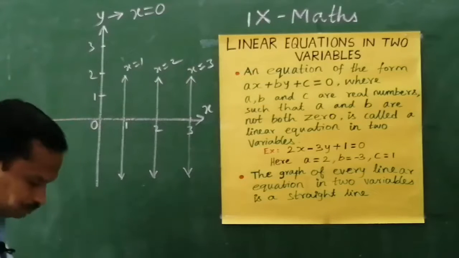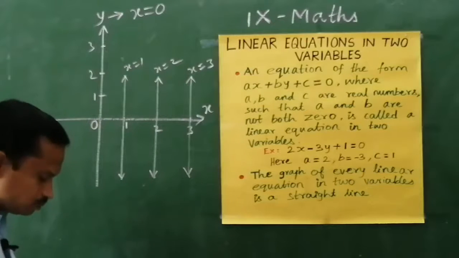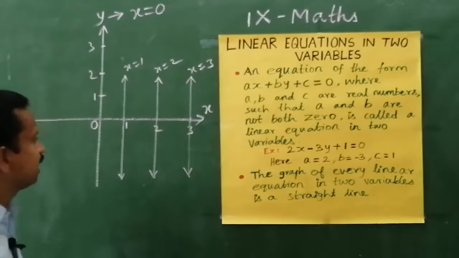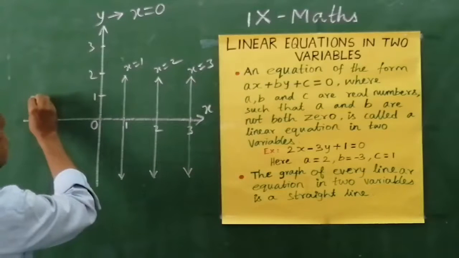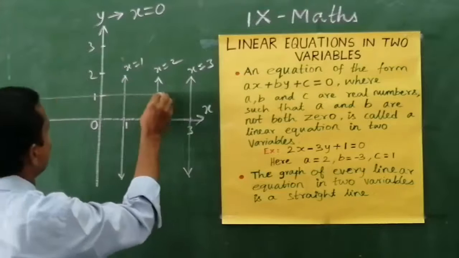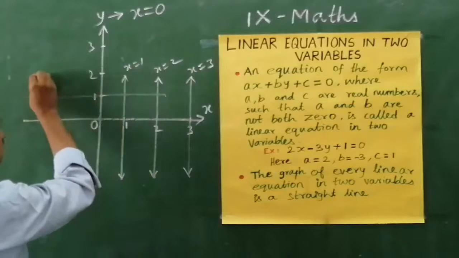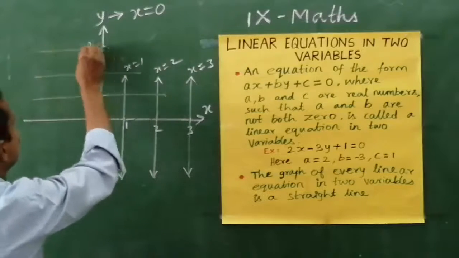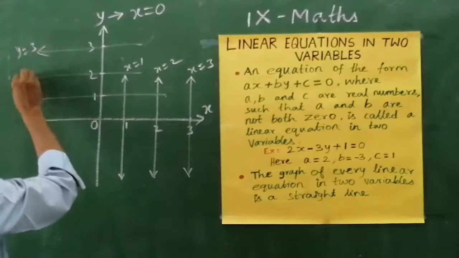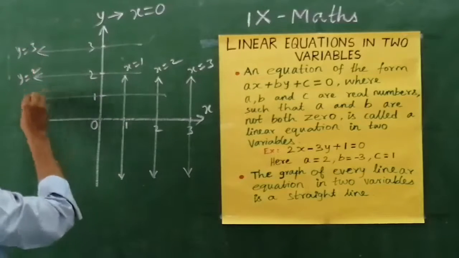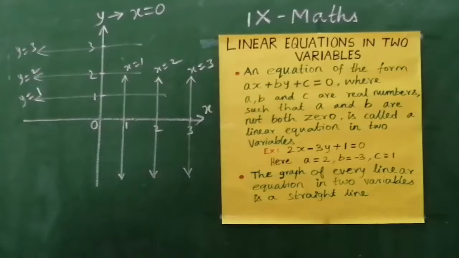And what about the next point? x equals 0 is the equation of the y axis and y equals 0 is the equation of the x axis, and this is the x axis. If you draw a line like this along y equals 1, y equals 2, y equals 3. So, this is y equals 3, this is y equals 2 and this is y equals 1.